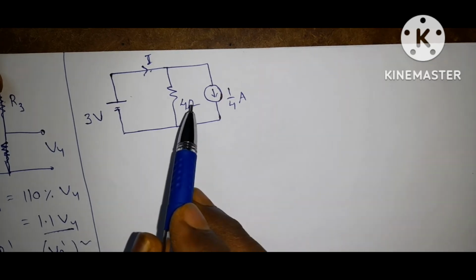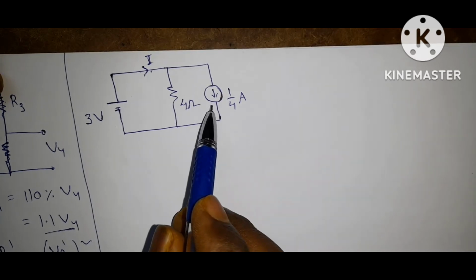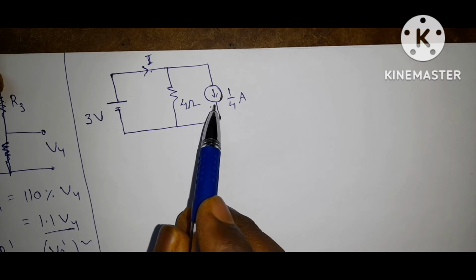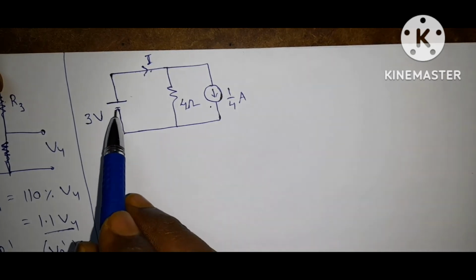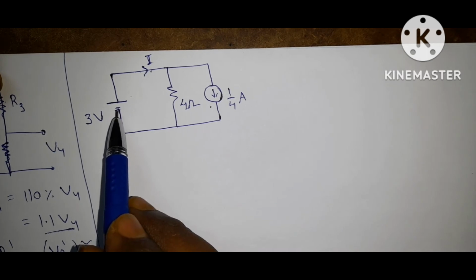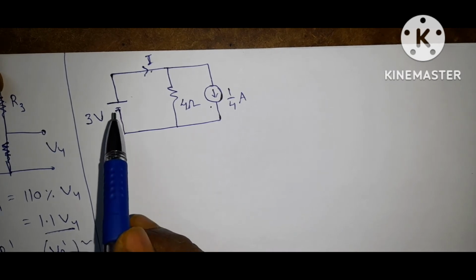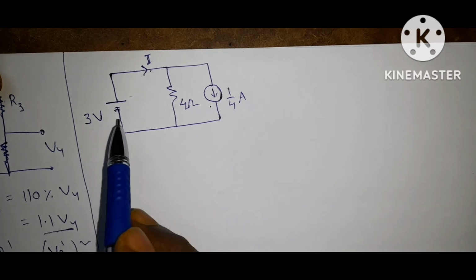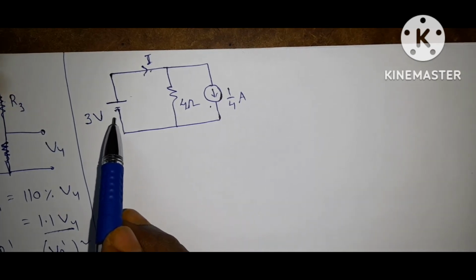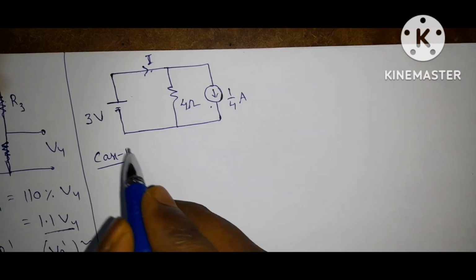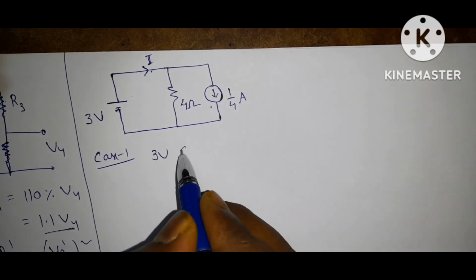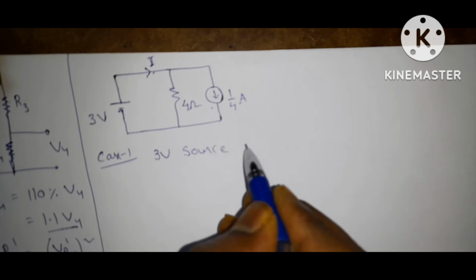Switched off means if a current source is there, you need to replace it with an open circuit, because the internal resistance of a current source is infinity. A voltage source is replaced with a short circuit, because the internal resistance of a voltage source is 0.